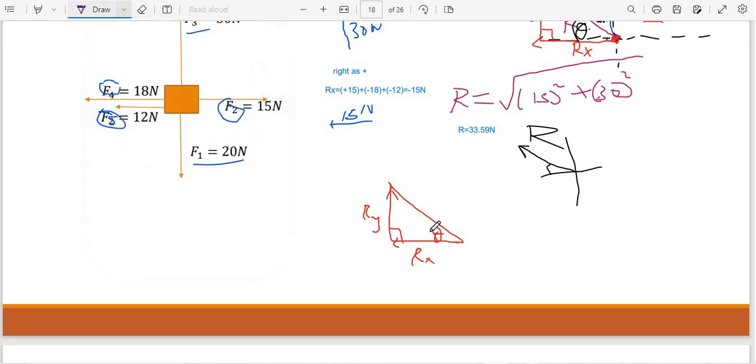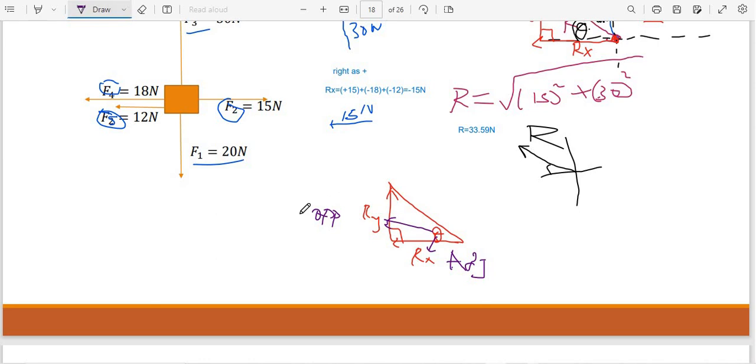So this is the side facing the theta. So this means this side will be the opposite side. And this side, Rx, is the side which is next to the angle. When the side is next to the angle, we say it is adjacent. So this is the adjacent.